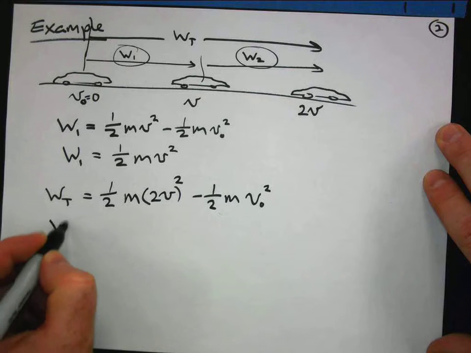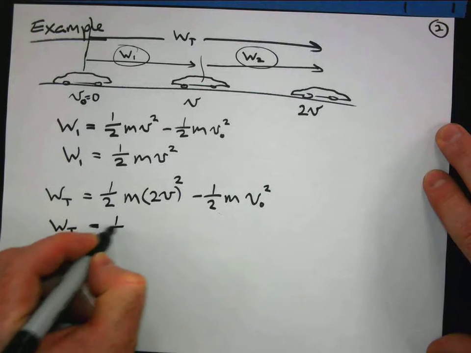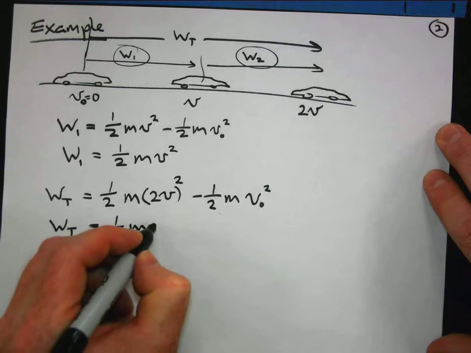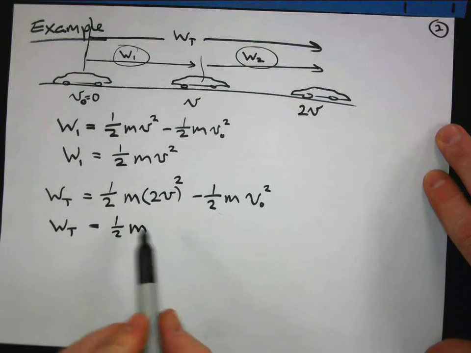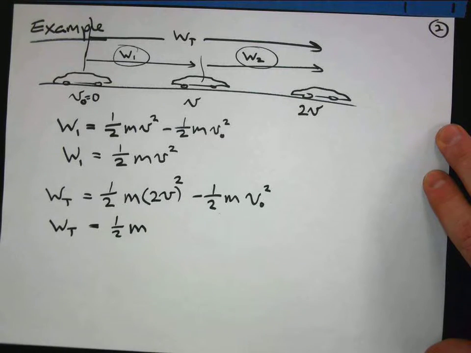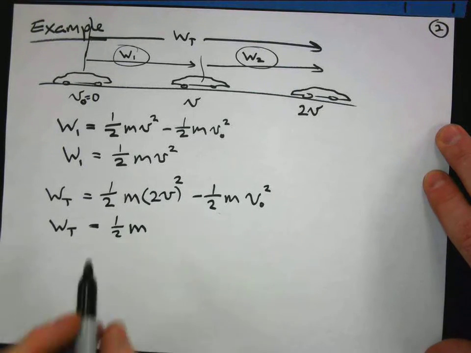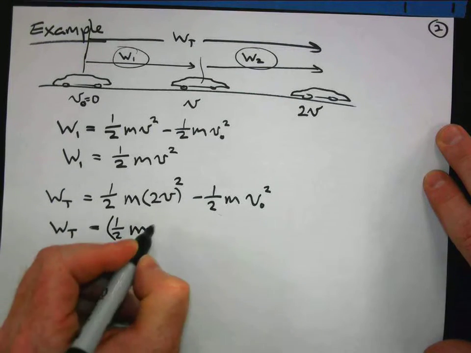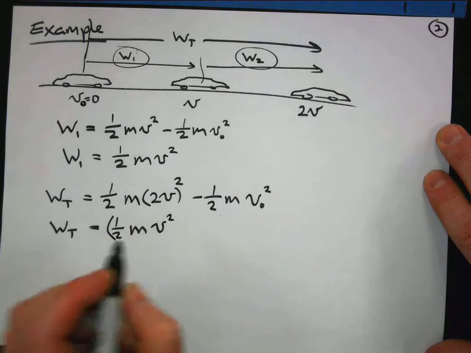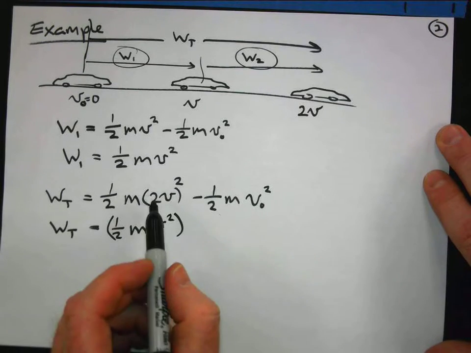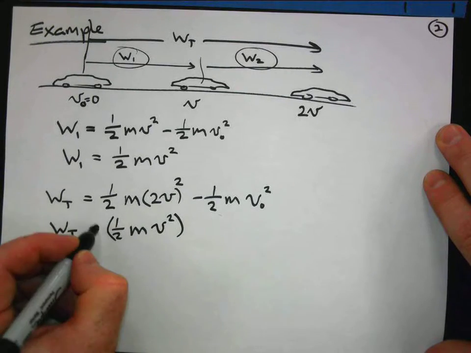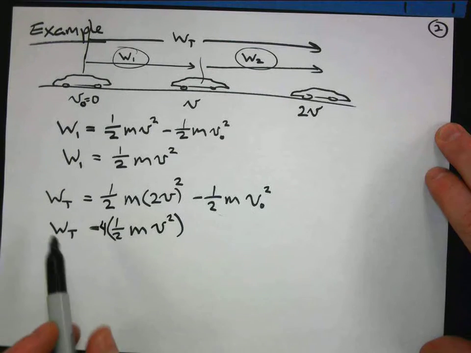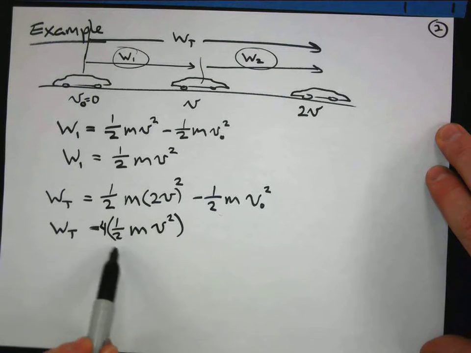And so the total work is 1/2 m. Now what's interesting here is I have to square that too. So this is really going to become, if I can factor out that 2 squared, I have a 4 here. Total work is 4 times this quantity.